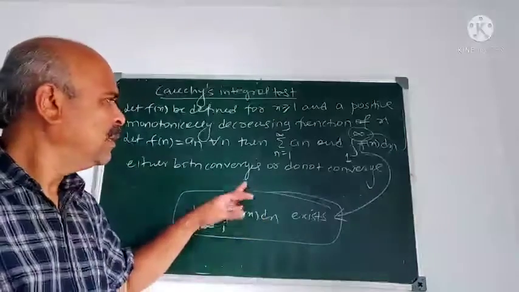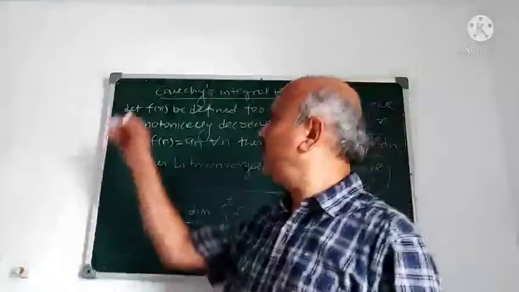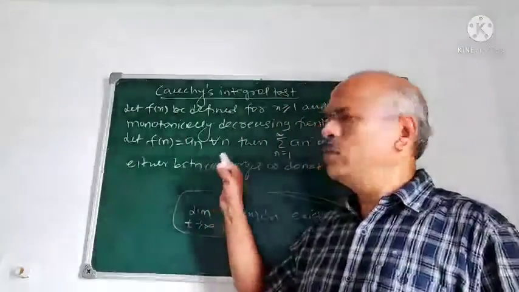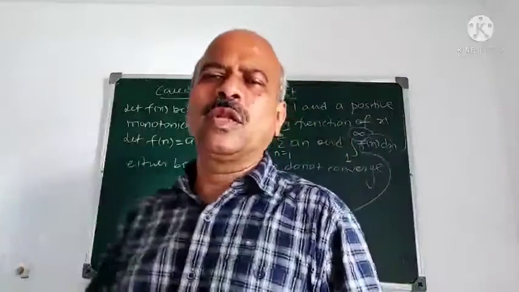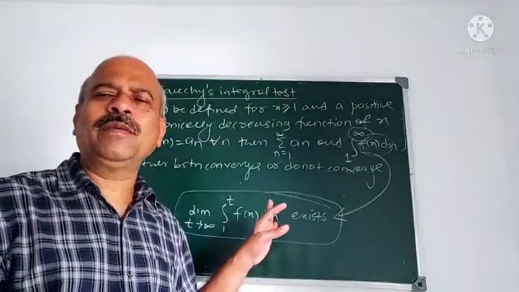Before that, why I had given the statement is, you study the statement here, then problems to apply this, first you should be thorough with the statement. What is the statement?